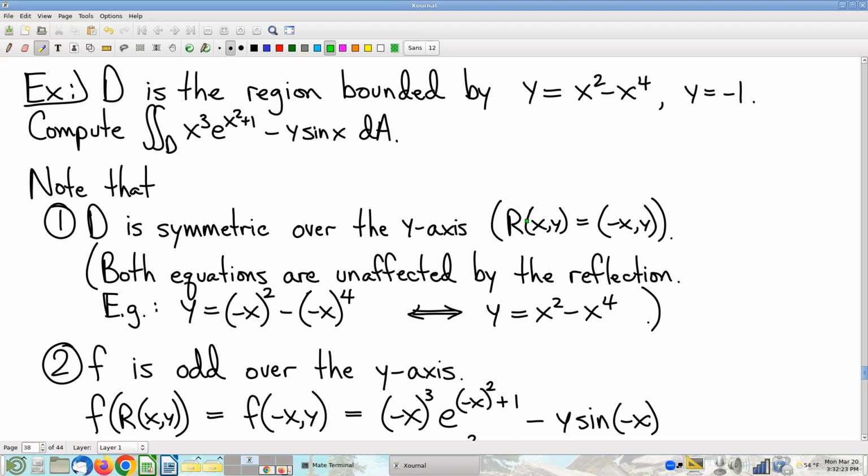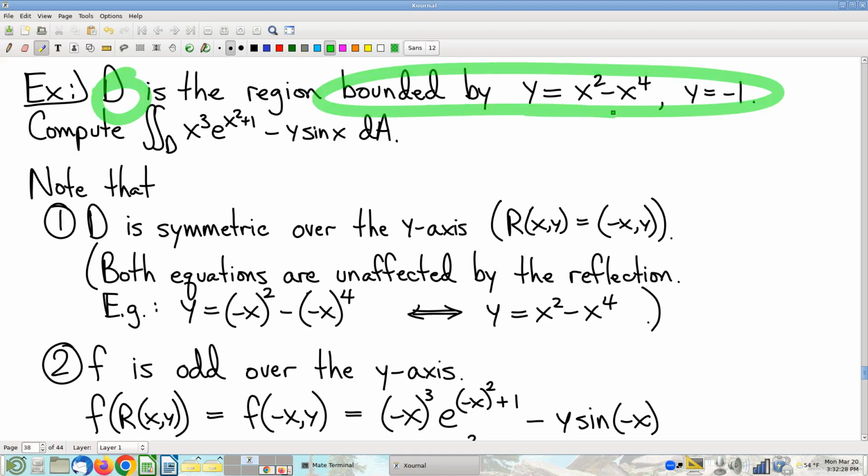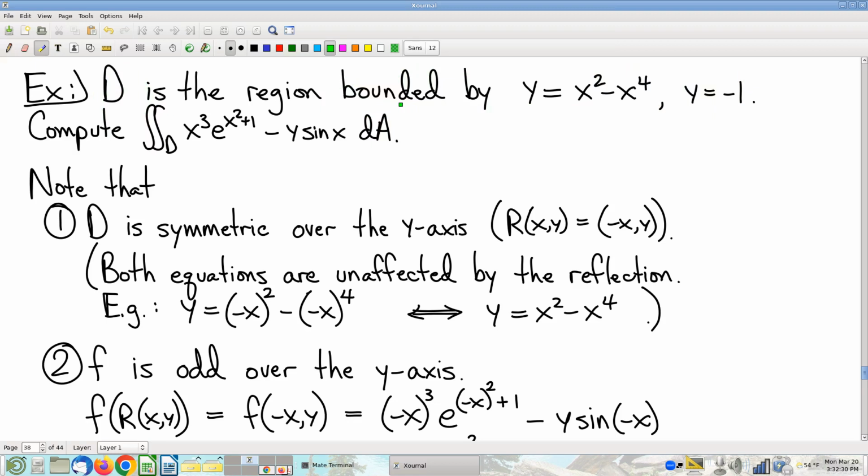And we've got a domain that's bounded by these two curves. Let's draw our domain. Let me try that again. Okay, so here we go.